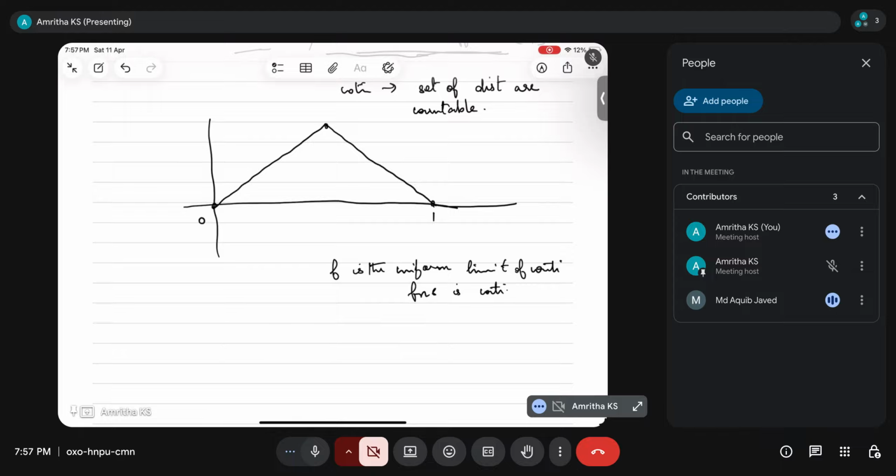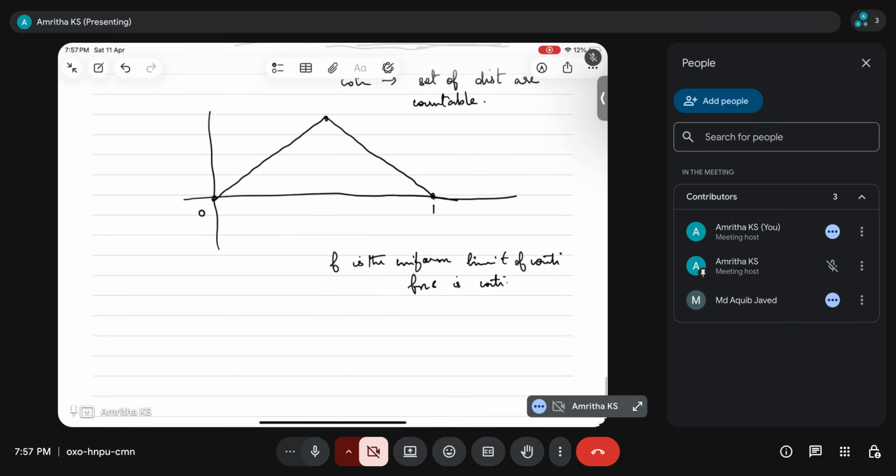Uniform limit of continuous functions. What is the confusion? How is it so?